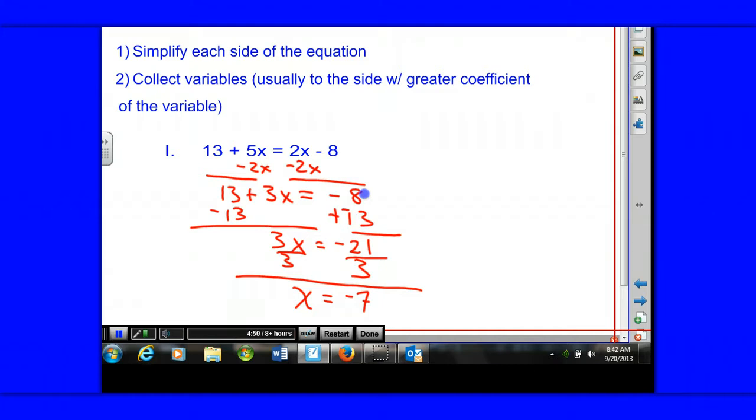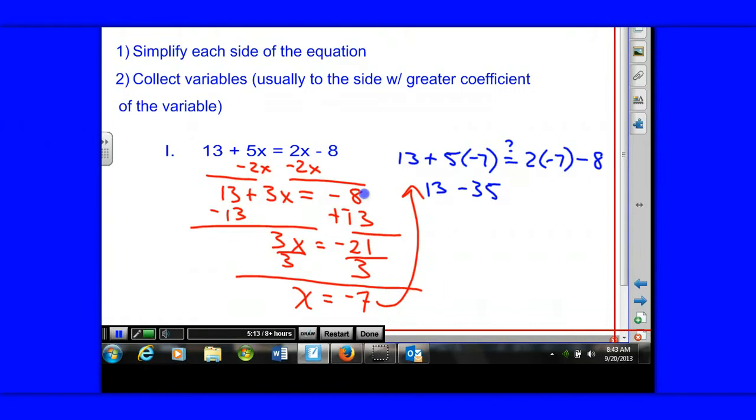Okay? Let's go ahead and check the work by rewriting and plugging it in. So we have our negative 7. We'll plug in for x. There it is. And the question is, is this true? That 2 times negative 7 minus 8 equals the left side. Okay, so 5 times negative 7 is negative 35. And over here we have negative 14 minus 8.